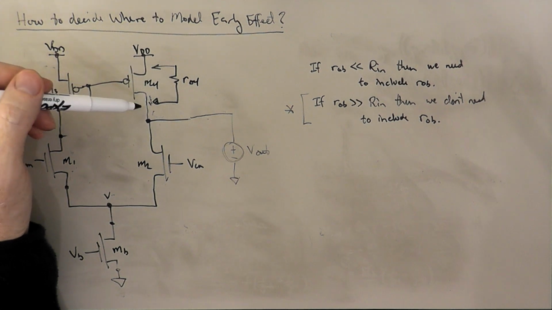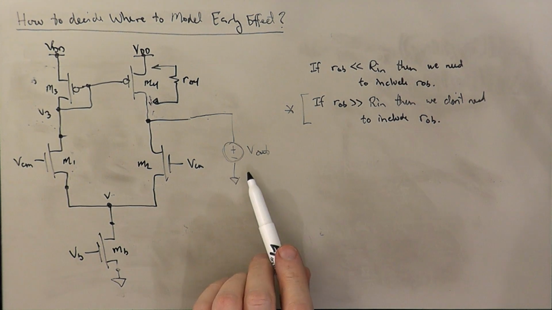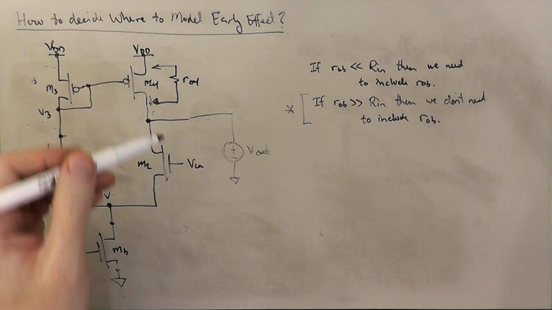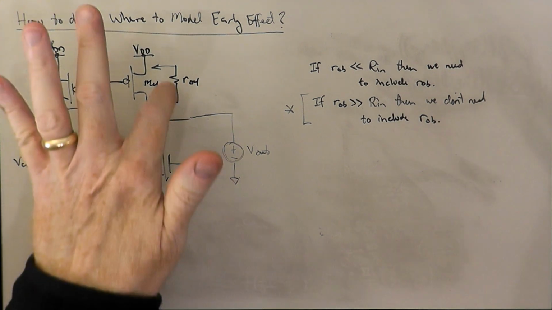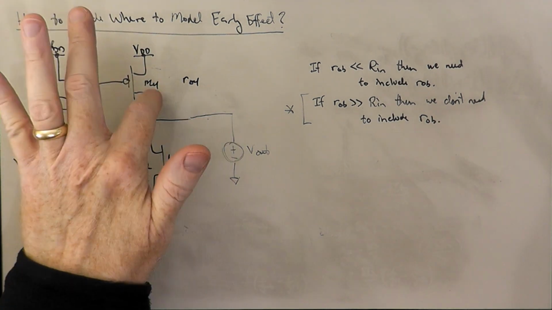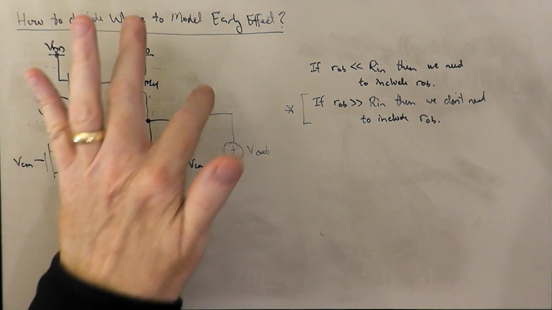If I inject onto the drain side, the drain is being held fixed by the ideal voltage source. It's not going to move either. And so the voltage across the transistor isn't going to change as I inject current onto that port. And so I don't need the RO4. Okay, that's the basic idea.